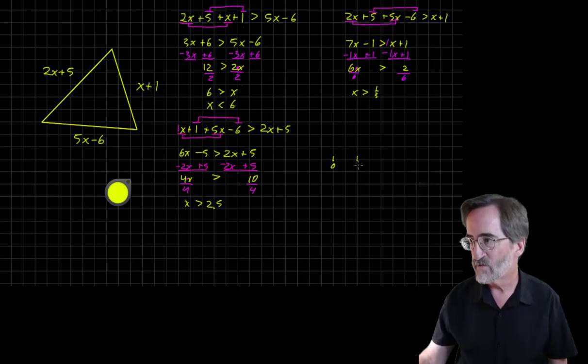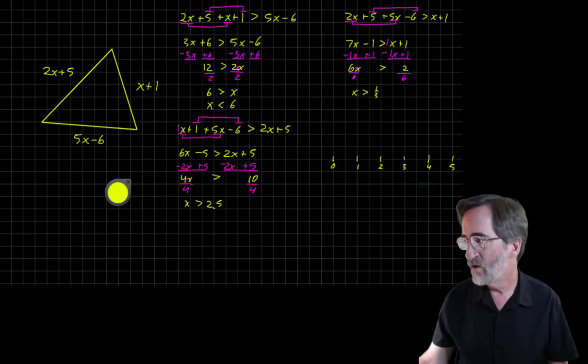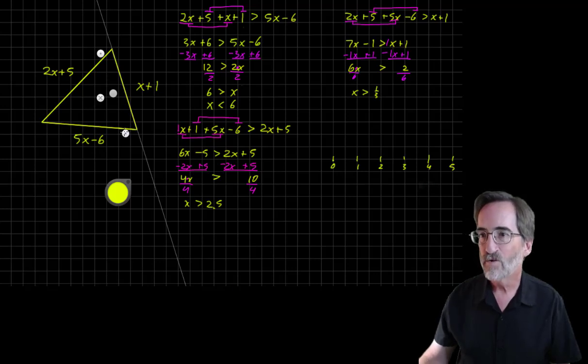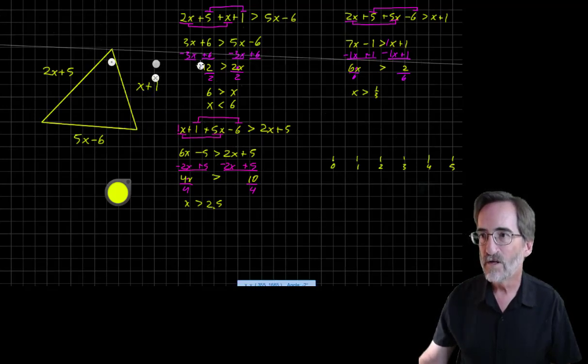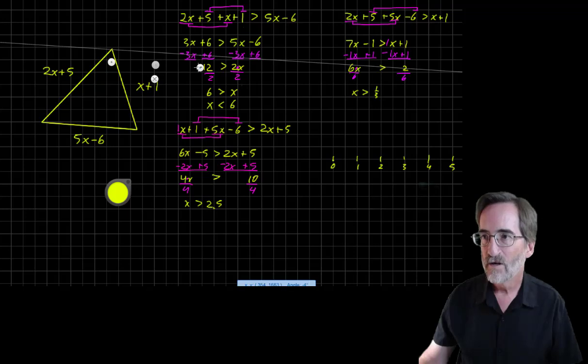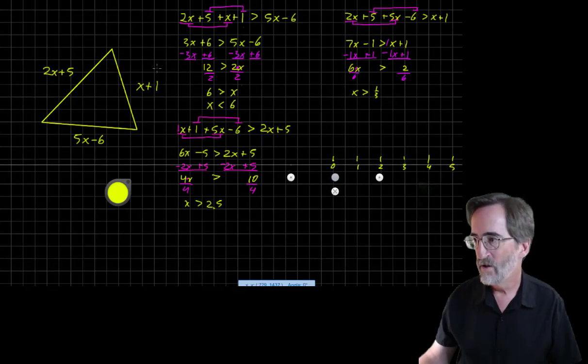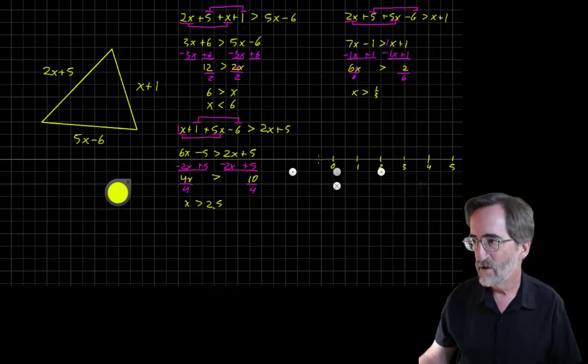I'm going to do it this way. 1, 2, 3, 4, 5, 6. Okay, and we're going to graph each of the 3 inequalities above the same number line and look for overlapping parts.